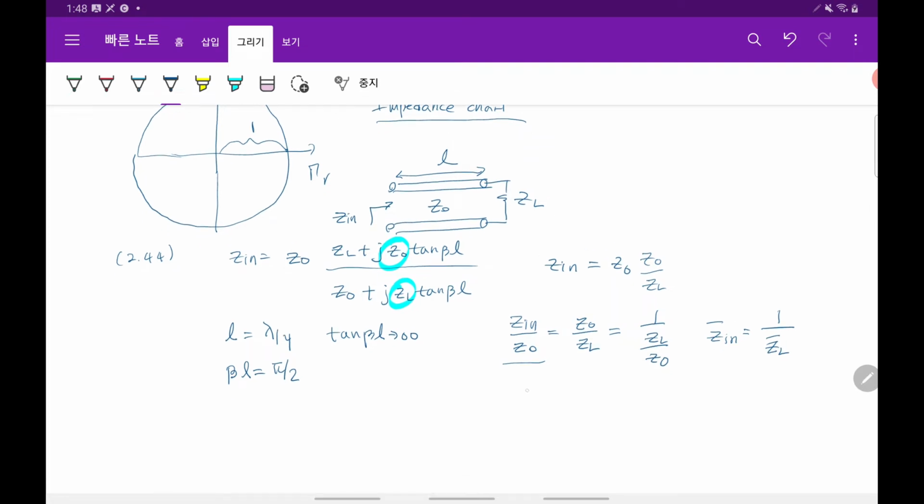So if we think about admittance YL, if we divide by Y0, then we can say this is normalized YL.